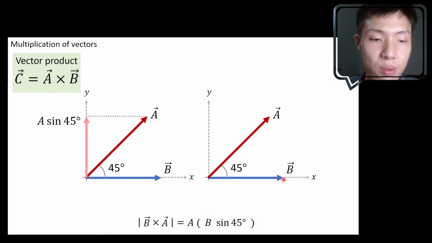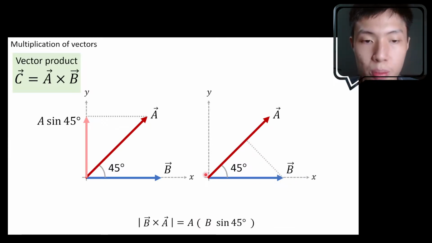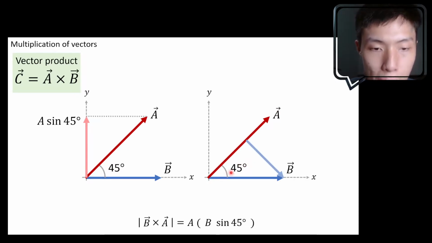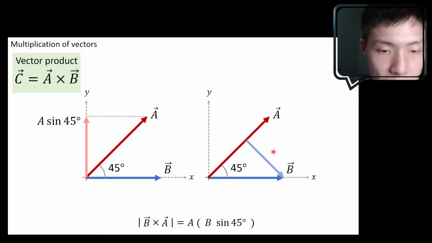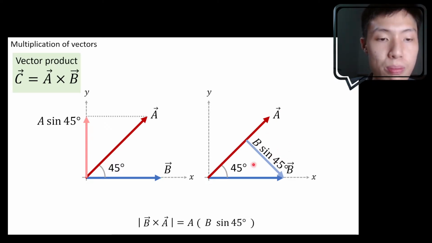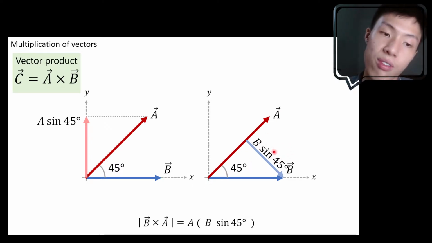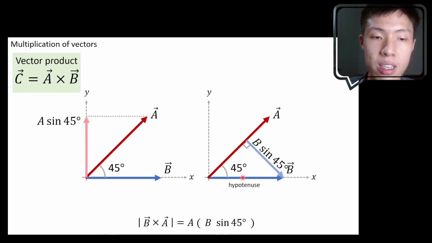So if we resolve B, then it will be something like this, drawing a line down here perpendicular to A. The component perpendicular to A will be opposite over here. So this will be B sine 45 degrees. And if you're not sure how to get it, again, this is the 90 degrees, this is the hypotenuse, this is the opposite, this is the adjacent.